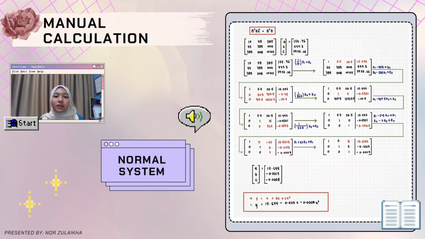So we get the result. The x is a equals 15.644, b equals negative 0.0213. For the c, we get negative 0.0008. So after we find the x, we substitute a, b, c into the equation.